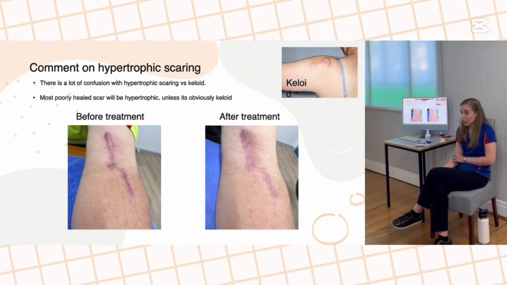I'm glad it wasn't a keloid, because then I know we can make a good difference. That's something I see a lot, GPs referring for keloid scarring when it really isn't. So it's good for the patient. We can make a good difference with hypertrophic scarring.